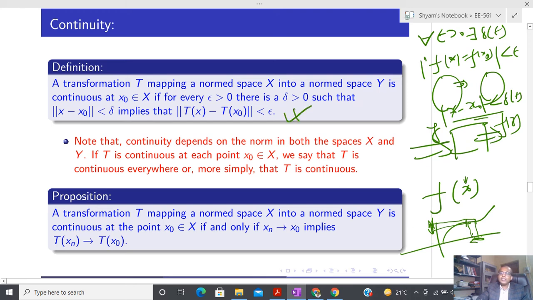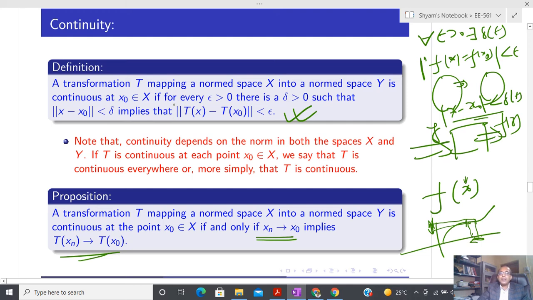The same kind of thing holds in higher dimensional space, where I have just replaced the absolute value by the norm, and in this way I am able to define continuity in higher dimensional space. So a transformation T mapping a normed space X to a normed space Y is continuous at the point x0 belonging to X if, when x tends towards x0, you make sure that Tx tends toward Tx0.